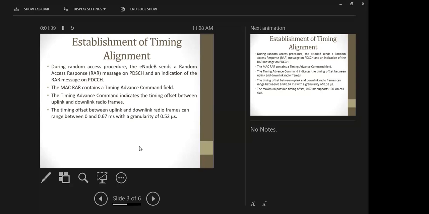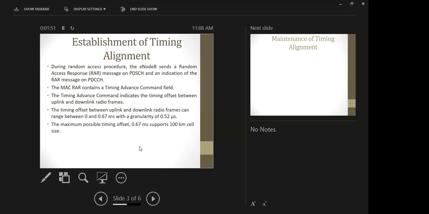But the total range of correction should be as much as what relates to the maximum cell size. And the maximum cell size in LTE is 100 kilometers. Now from 100 kilometers, please calculate what should be the maximum possible timing offset. Can you tell me?